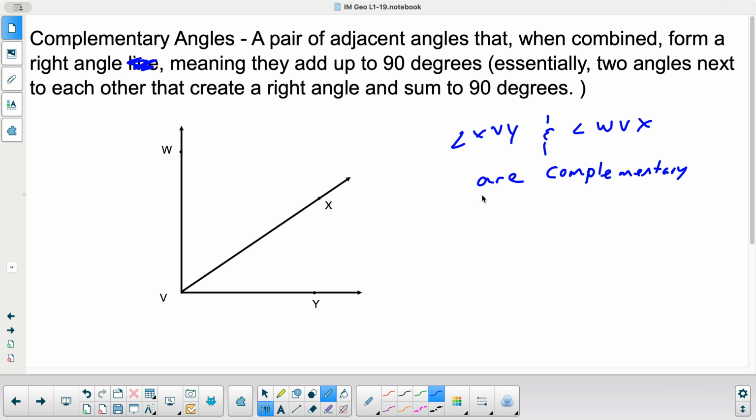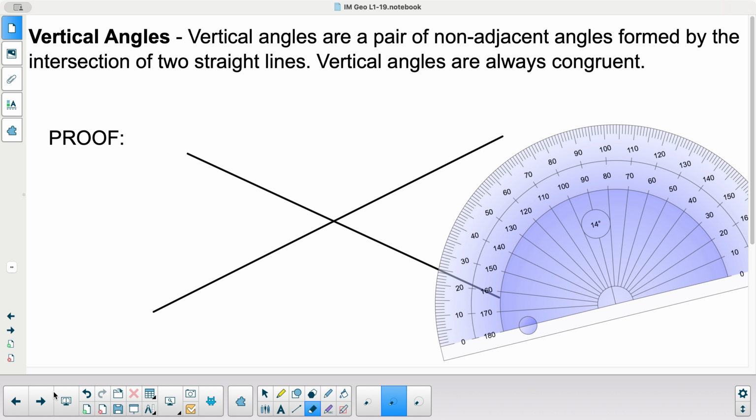Okay? So really, if you know they're complementary, you know that the sum of them equals 90. So if this angle here was, say, 30 degrees, this angle here would be 60. Okay? But I don't know what the measure is. I'm just guessing.